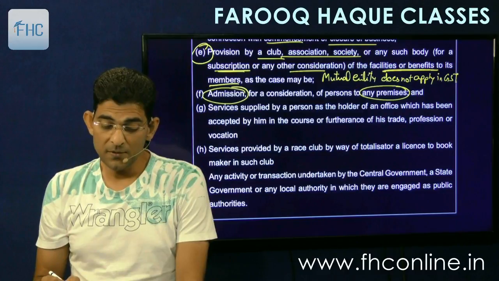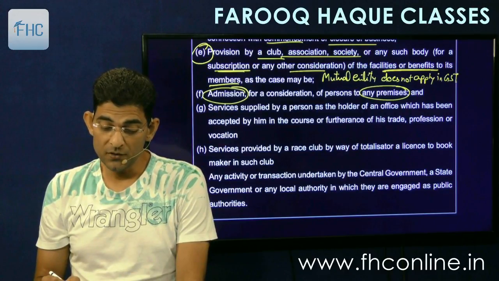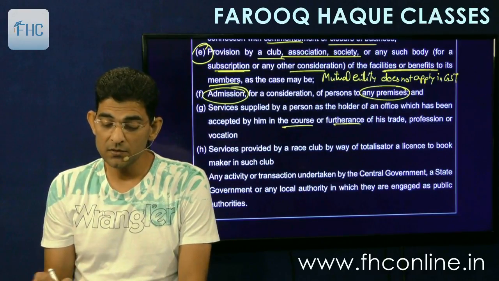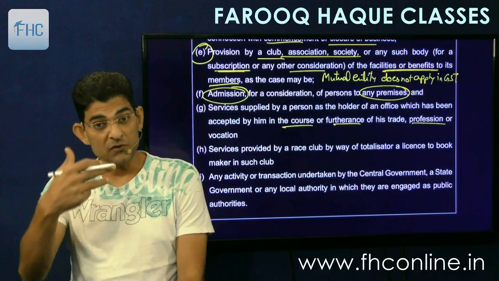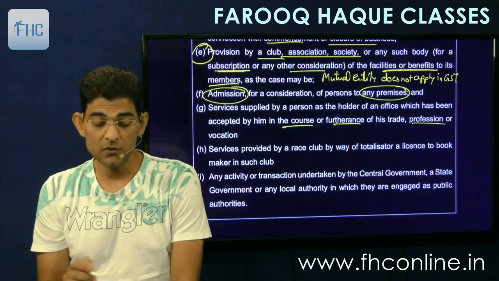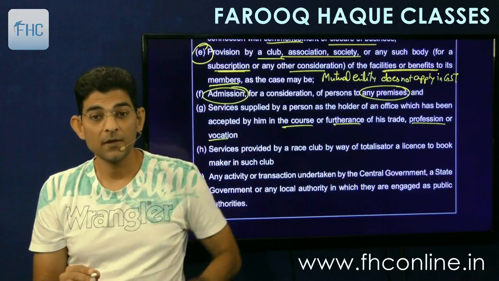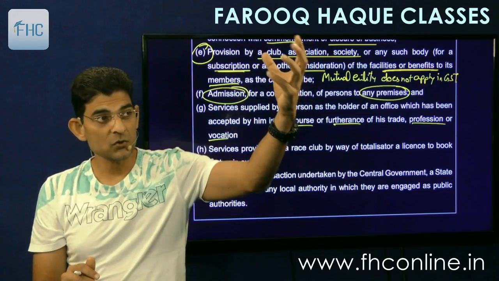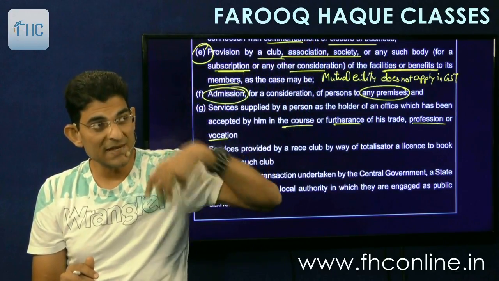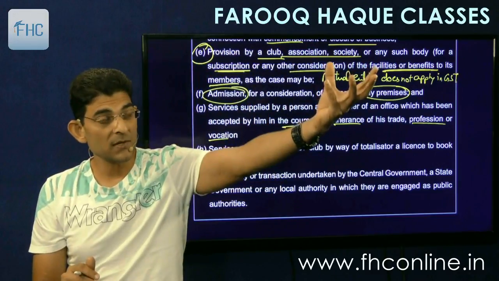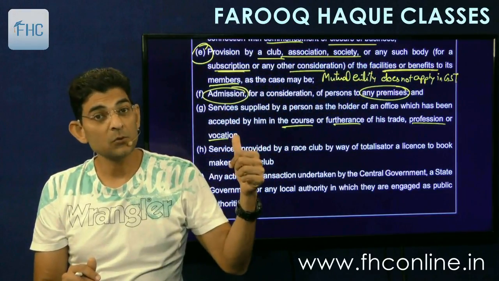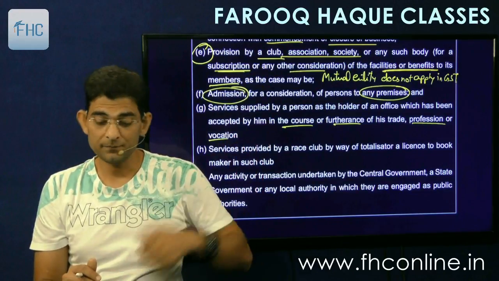Then services supplied by a person as a holder of an office which has been accepted by him in the course or furtherance of his trade, profession or vocation. Like auditors. An auditor accepts the office in a company. So you are a CA, and in the course of your profession you accept the office of auditor and you get audit fees. That will be chargeable to tax under GST.